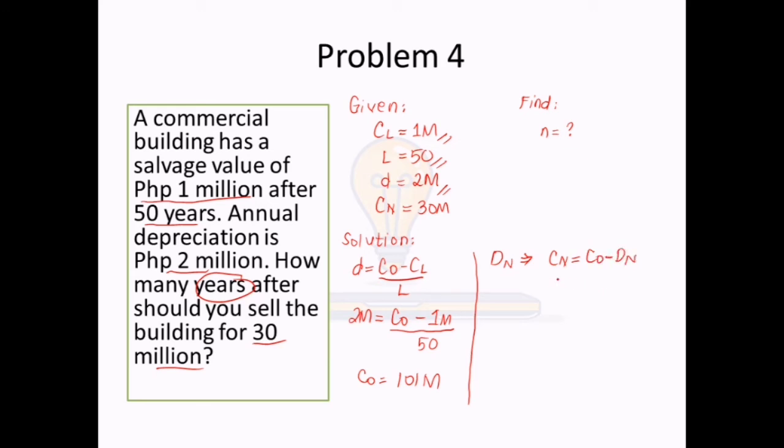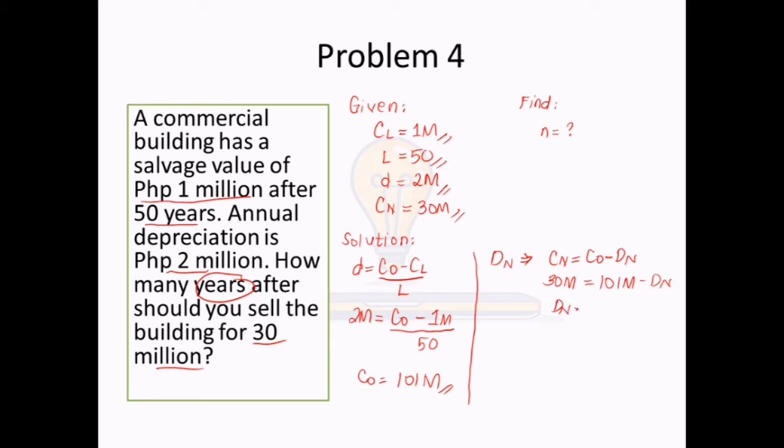C sub n is equal to C sub 0 minus D sub n. So our C sub n is 30 million, equal to our computed initial cost of 101 million pesos minus our unknown for this part, the total depreciation.